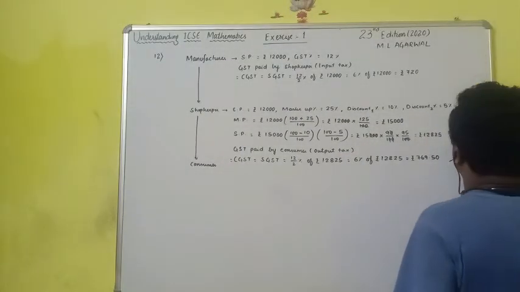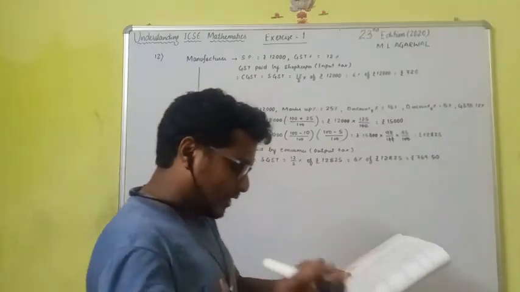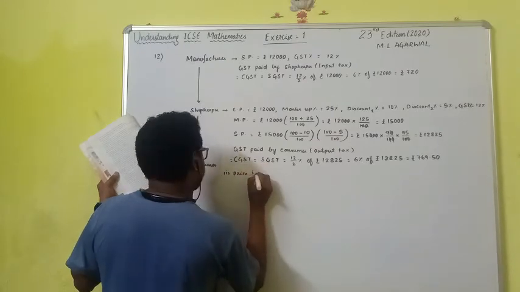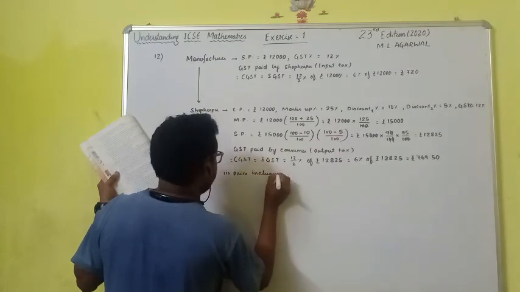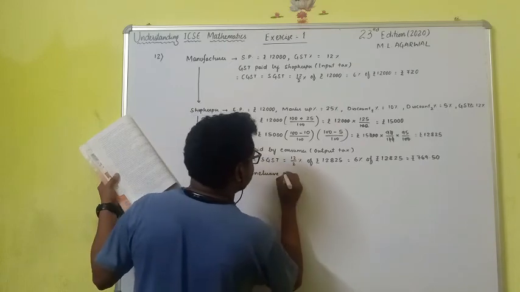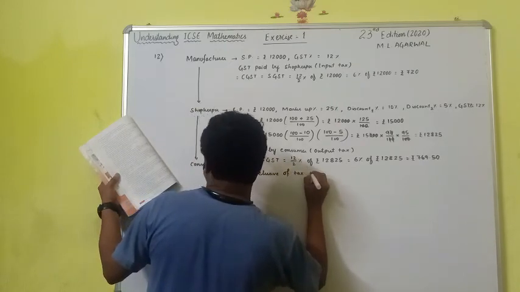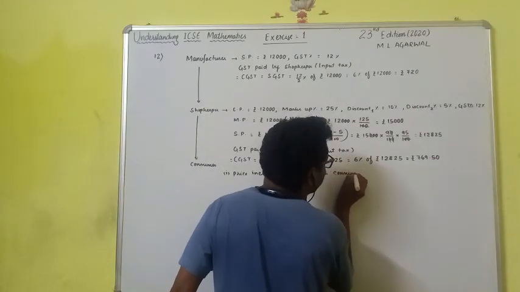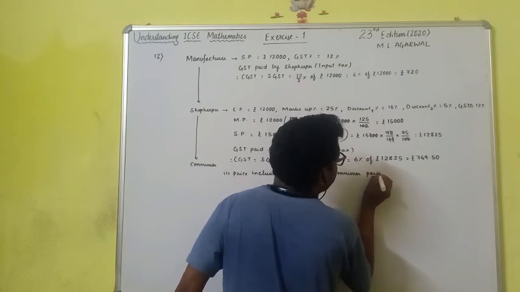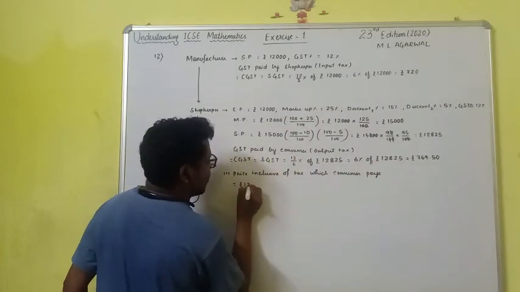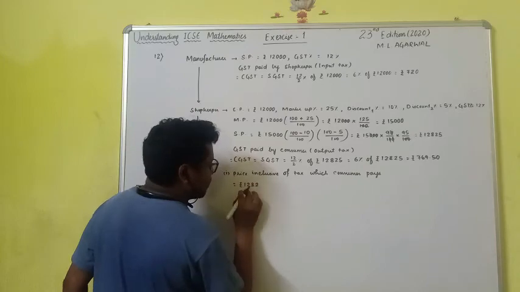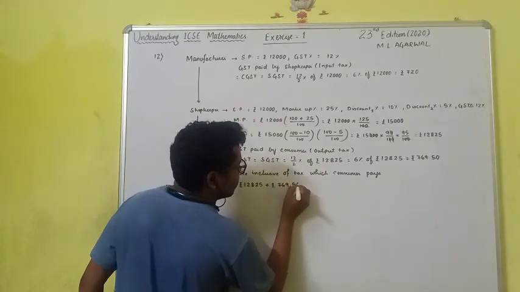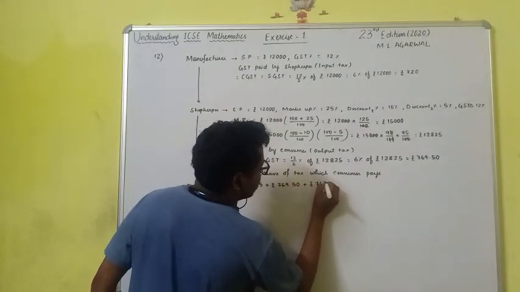Then again, let me start with part number 1: the price inclusive of tax which the consumer pays is equal to rupees 12,825 plus 769.50 plus 769.50 again.